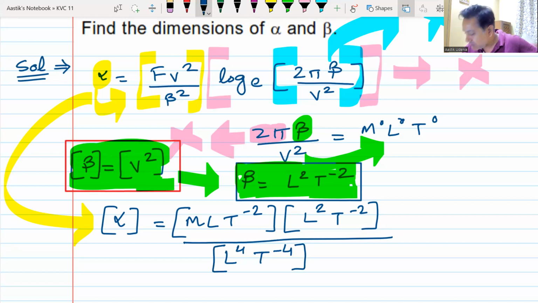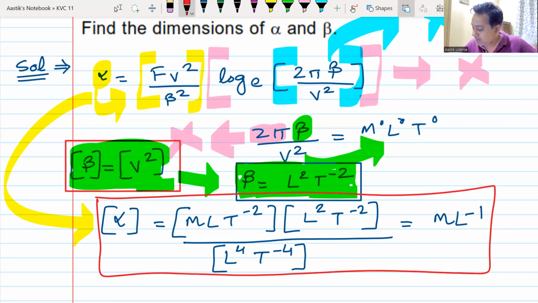If you have made a mistake here, your answer would definitely come wrong. This is very easy to solve and you shall get the dimension of alpha, which would be m L minus 1.